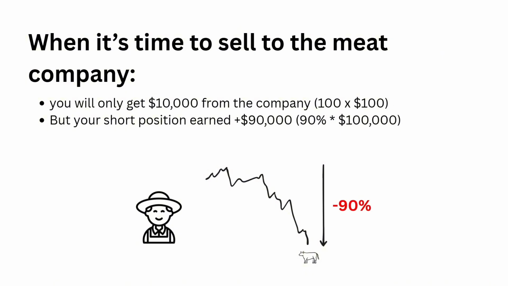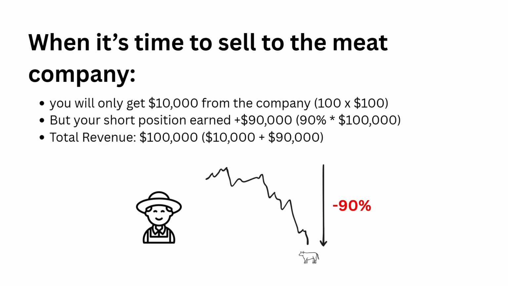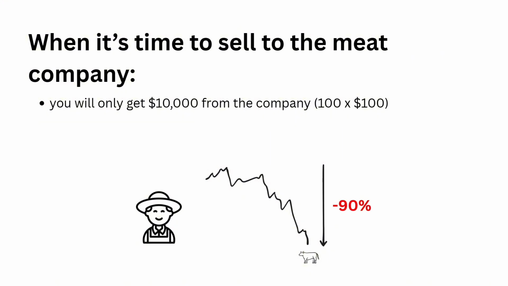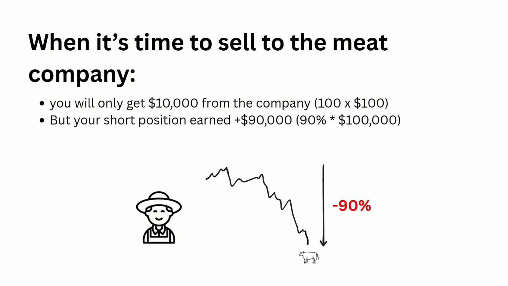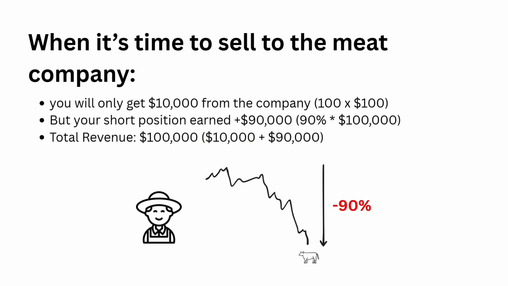You're trading with a $100,000 position, so 90% multiplied by 100K is $90,000. That's what the profit on your short position would be. So your total revenue would be $100,000, because you got the $10,000 from the company and the $90,000 from the short position. So that short position saved you a lot.